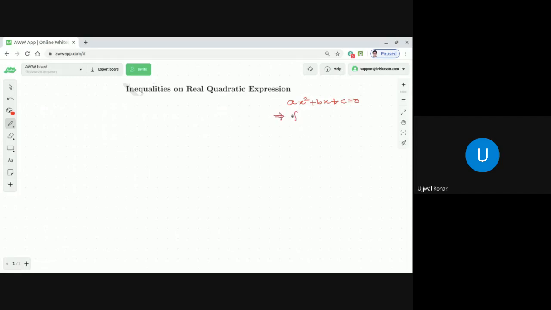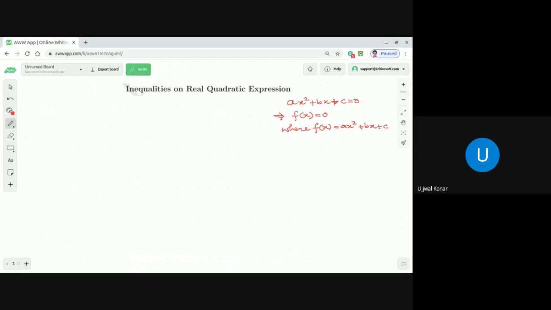We can write f(x) equal to 0, where f(x) equal to ax square plus bx plus c. Now, this one, f(x) equal to ax square plus bx plus c, is known as the quadratic expression. That means, if you give different values of x, you will get different values of f(x) of this expression.